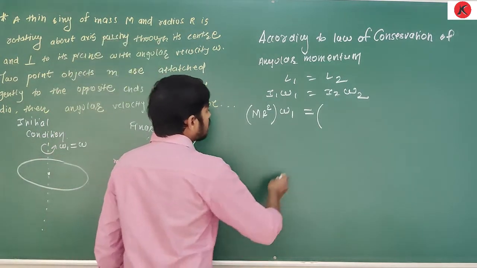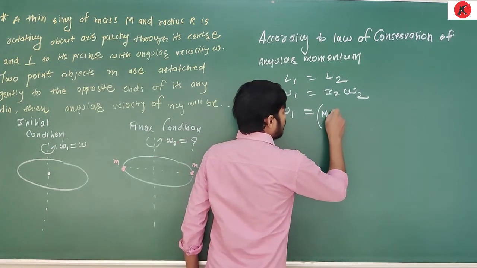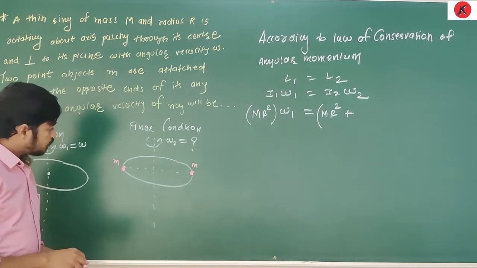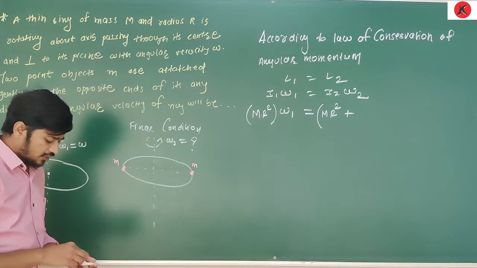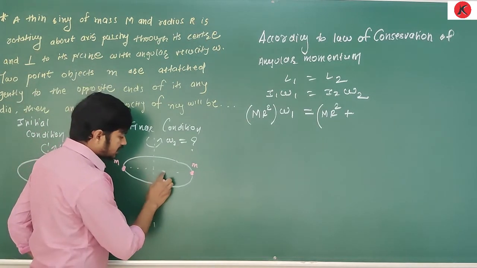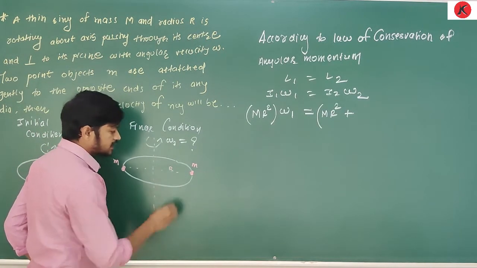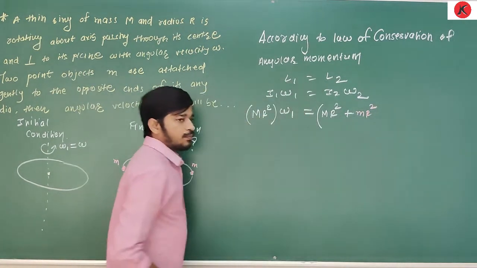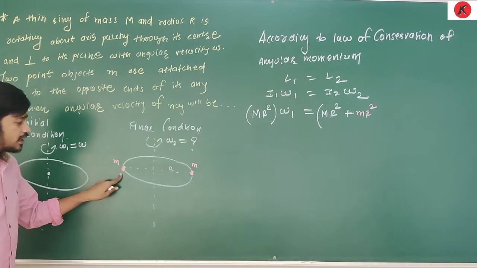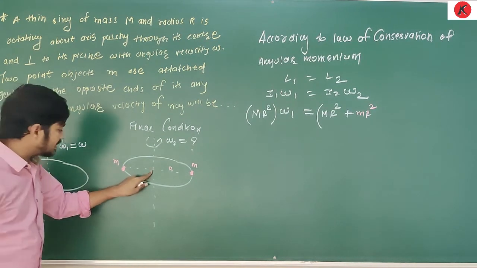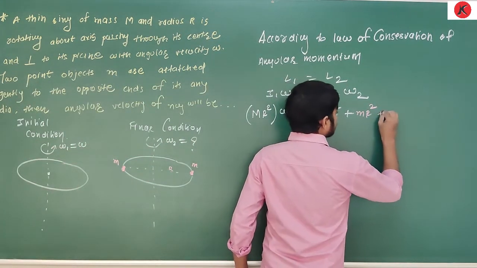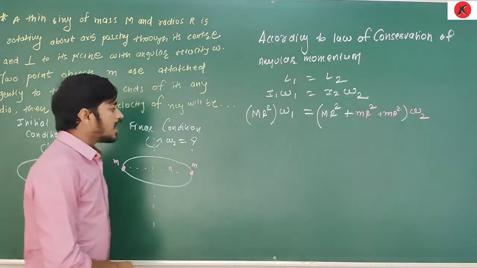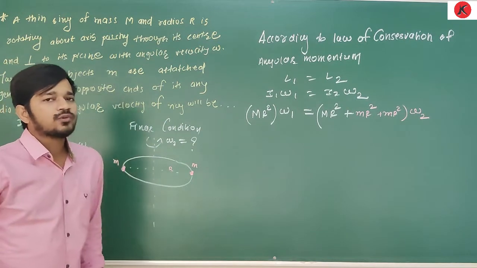So the total moment of inertia is MR square, that is the moment of inertia of the ring. Now for this particle, its mass is m and its distance from the axis is nothing but the radius, so it is mR square. Plus, it is also a particle at the same distance from this axis, so plus mR square, and omega 2. As they are rotating together, their angular speed will be the same.